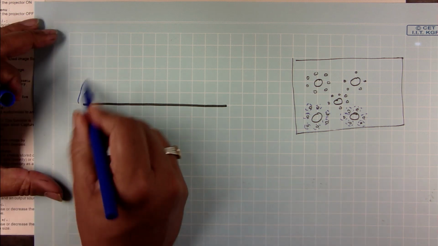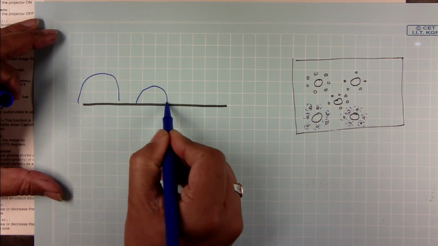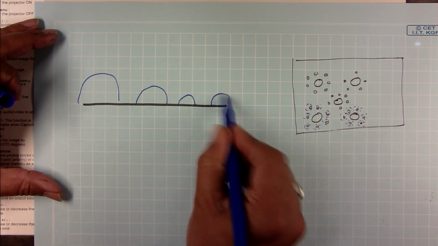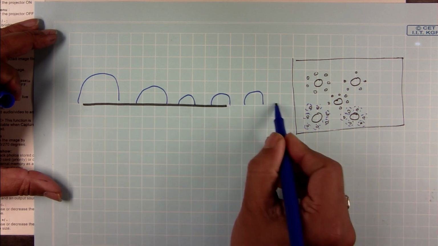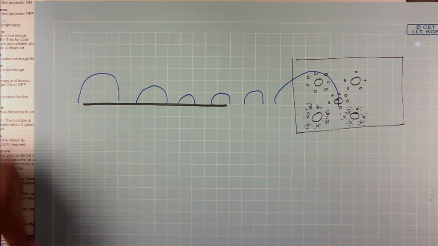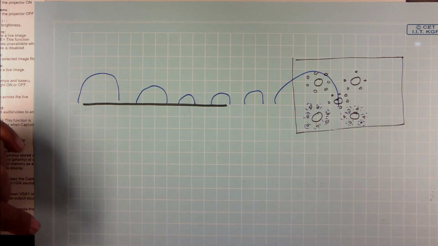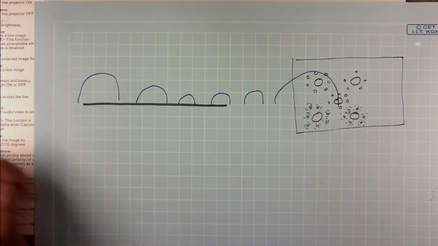I have a big droplet, I have a smaller droplet, I have an even smaller droplet, right. I am going to get a whole distribution of droplets going from big to small and then small to big, right.